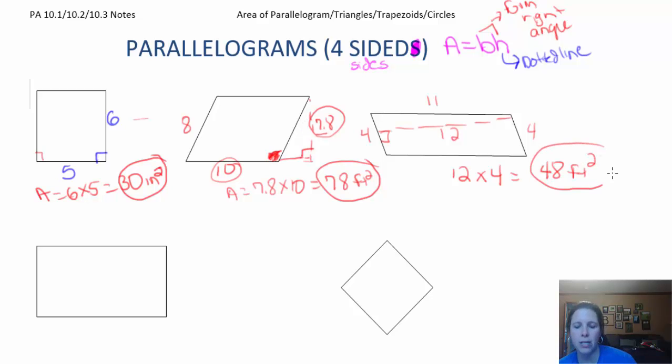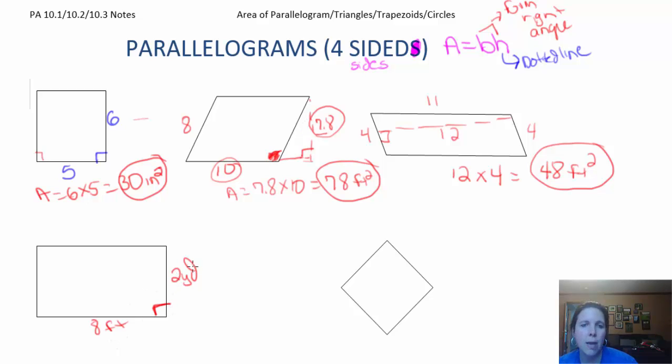48 feet squared. On this one, I think it's just given to you that this is 8. This one's a little tricky because this is 8 feet and this is 2 yards. So you cannot just multiply those together. I don't think it's given to you, but we're just going to assume that this is a right angle right here. So 8 times 2, you can't do that because this is feet and this is yards.